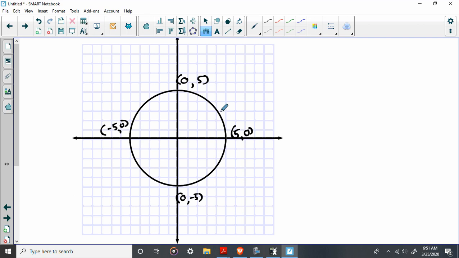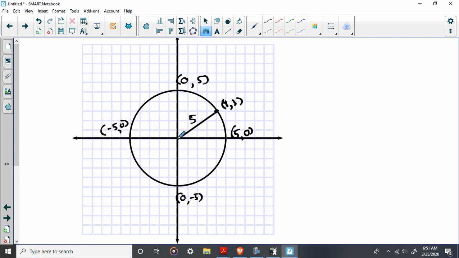Now I'm going to pick out a few that hopefully will help explain this. This point right here is on my circle, and that's the point 4, 3. So if I said, hey, how do I get to that point right there? Well, I know the point is 4, 3, and I know the radius is 5. And how did I know that?